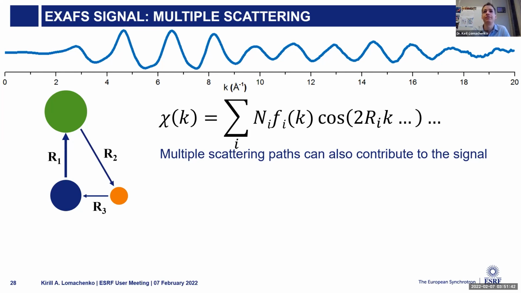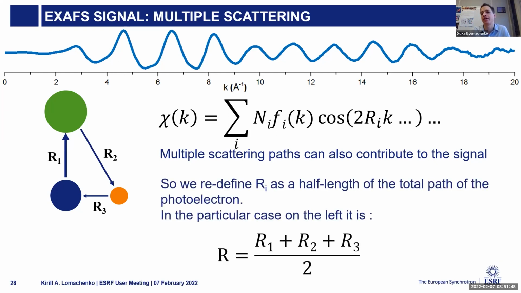And here, basically, what we need to do is redefine R. To stay general, we redefine the R that we had in our expression as a bond distance. We're going to define it not as a bond distance, but as the half length of the total scattering path.